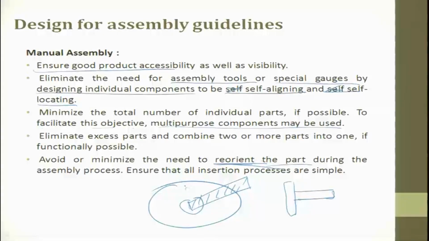So here what we are trying to say is, when you think about design for assembly, you try to have a one-directional approach, or you try to minimize reorientation of the part during the assembly operation.